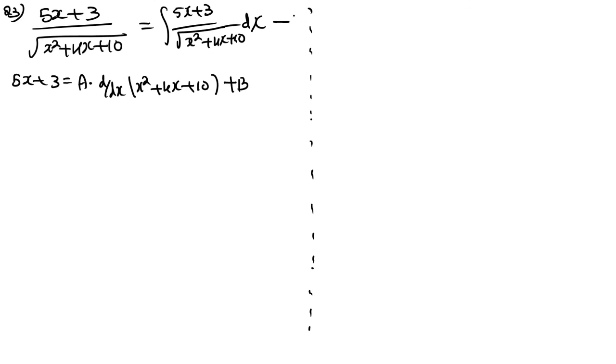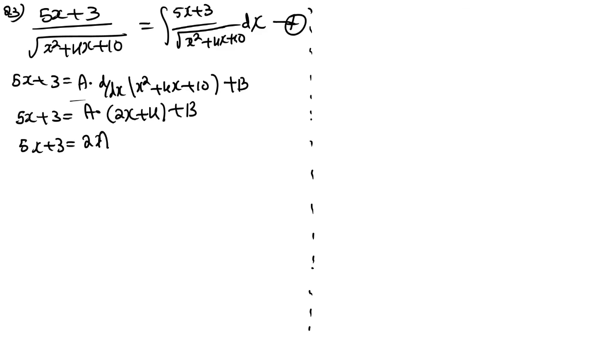Take it as equation star. If you simplify this equation, 5x plus 3 is equal to a into the derivative 2x plus 4, plus b. So 5x plus 3 is equal to 2a into x plus 4a plus b.